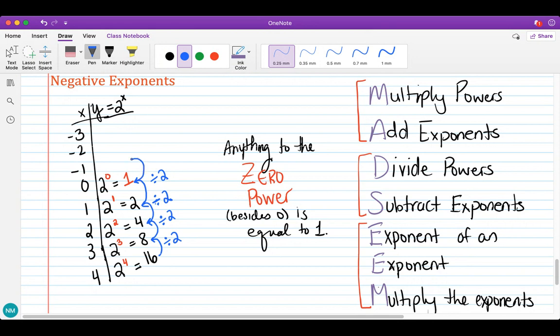All right, so let's divide it again. If I divide this again by 2, now I have 1 divided by 2. And what's 1 divided by 2? It's 1/2. So I have 2 to the -1 power is equal to 1 over 2. That's interesting.